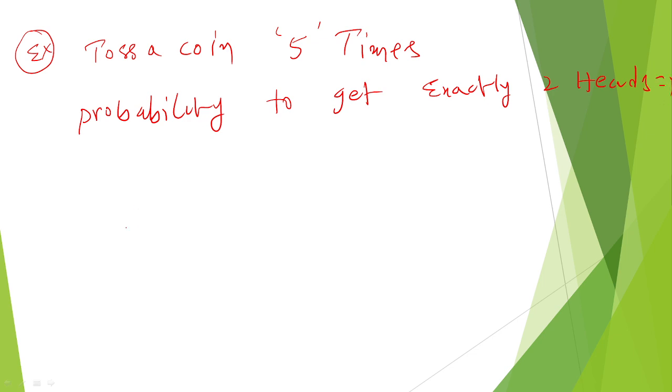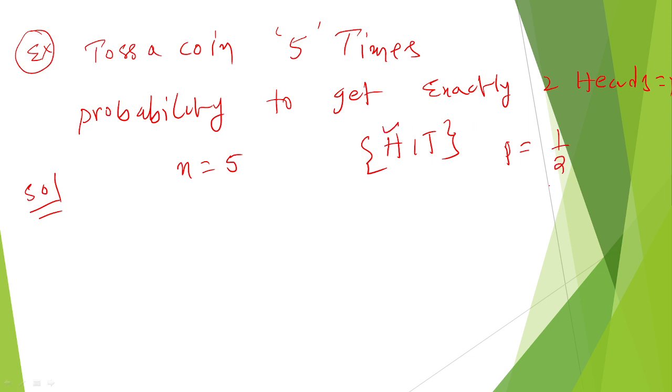This is the question. In this case, using binomial, only two outcomes are there. So according to binomial, here n is 5 times tossed, and a coin has only two outcomes, that is head and tail. Probability to get head p is 1 by 2.